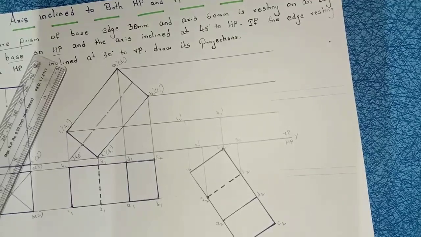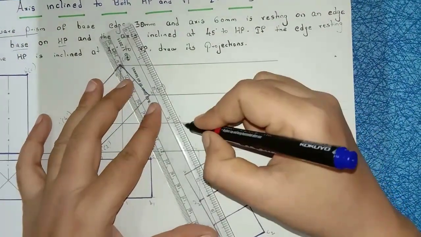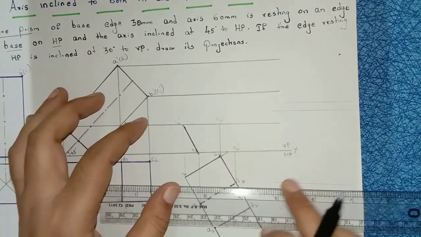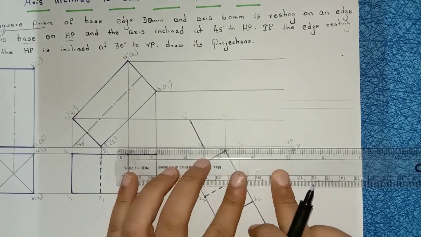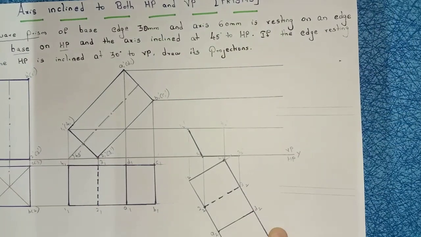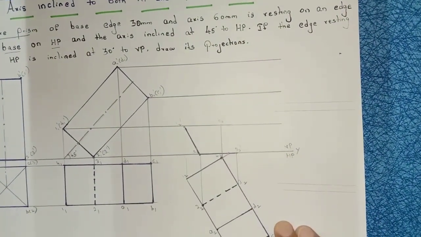Right? So after constructing here 1, 2, 3, 4, now join this one 1, 2. Right? Then next here 2, 3. Then next here 1, 4, and 3, 4 is the back portion, no?